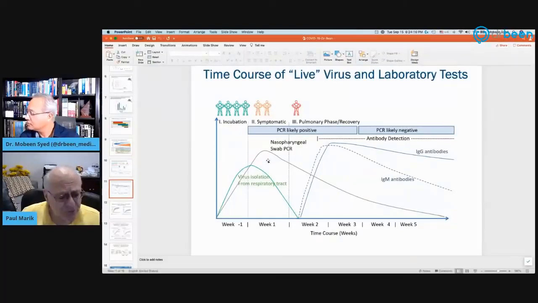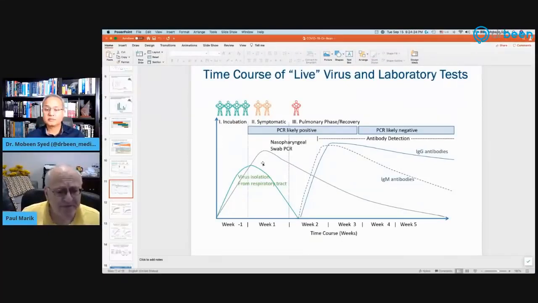The other thing that is really important, which people don't recognize, is the false negatives. So if you have a look at the peak, which is on about day 8 after exposure, only about 80% of people with COVID will be PCR positive.